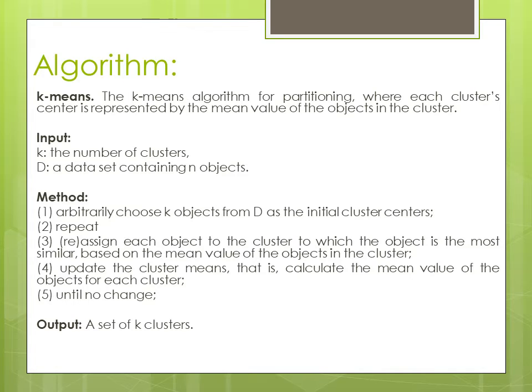It indicates that we are not going to get any further change in the results. Our clusters are not going to change, the data objects are fixed into the clusters, and that is the end game for our k-means method. The output, as expected, is a set of k clusters.